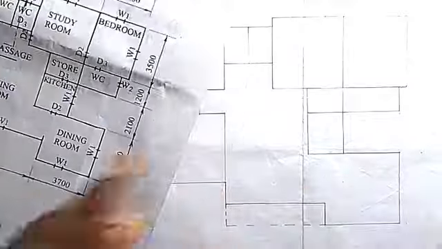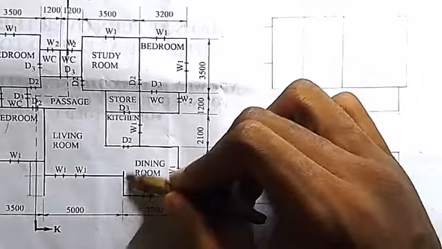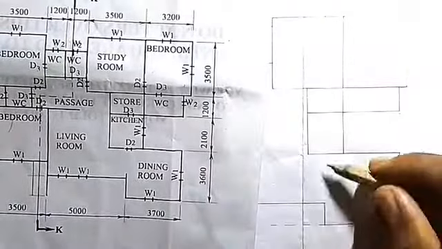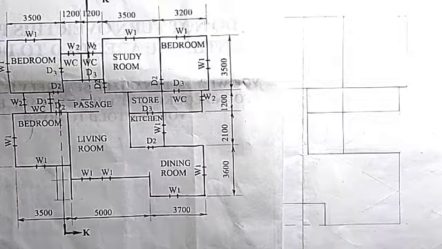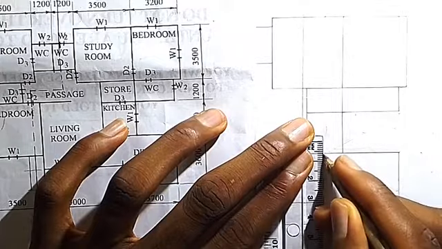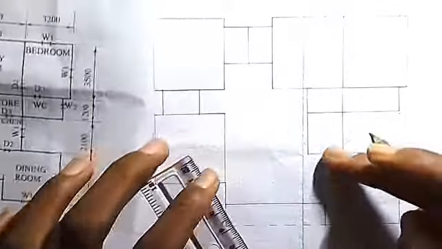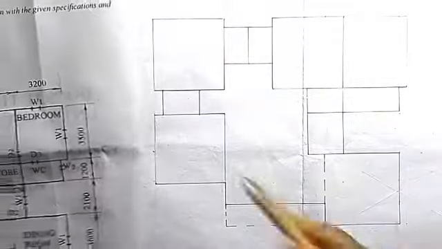So after here, we're also having a lintel beam here. So we have to join it with this. Good. And after that, what's next? Oh, we've been able to create everything. Okay, we have a passage too.